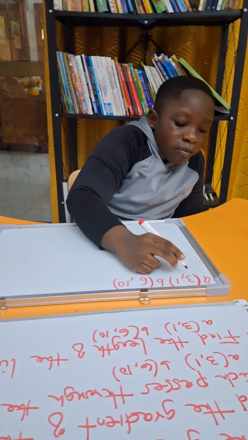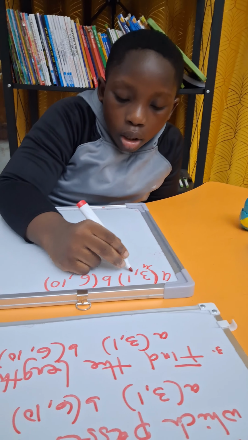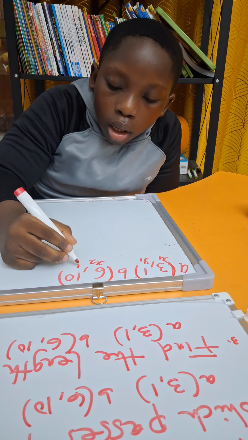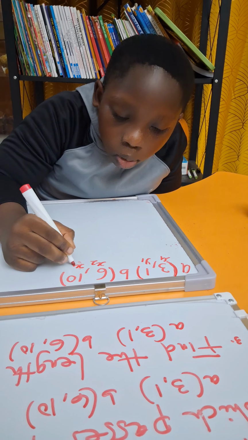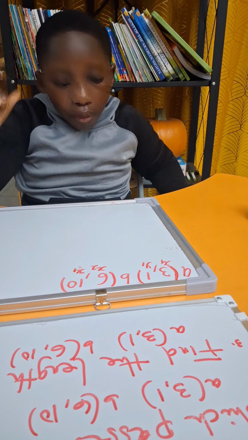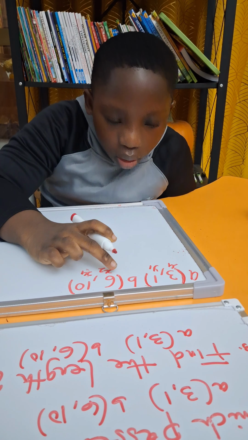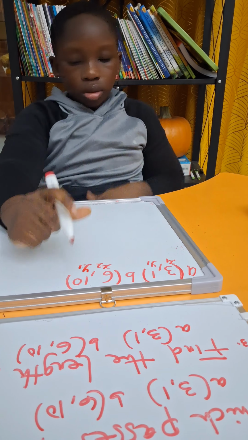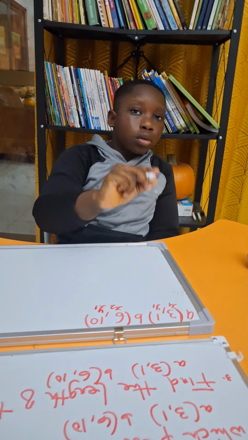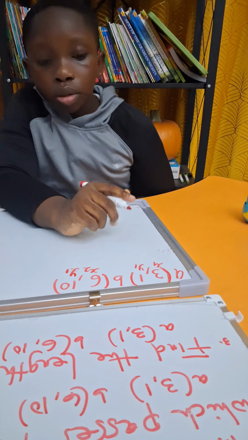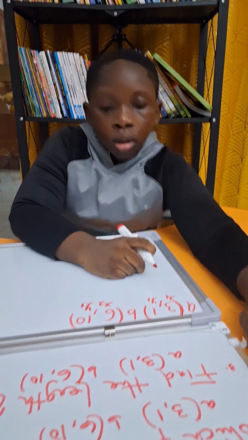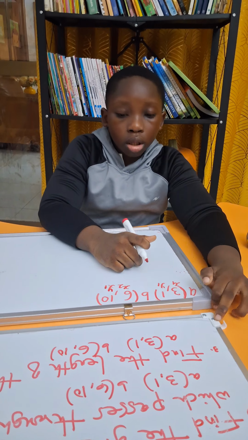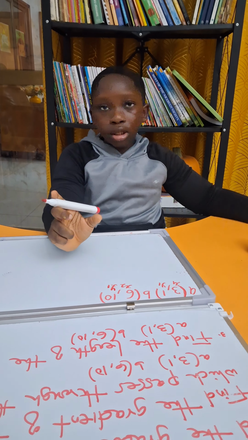Now we have to label them x1 and y1, and x2 and y2. Now to solve this question, it says we have to find the gradient, and we can't use y equals mx plus c here.